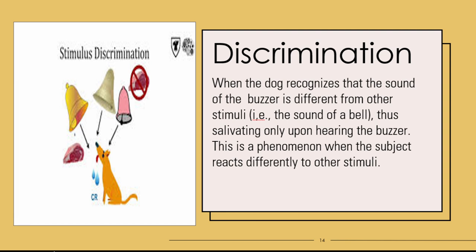This phenomenon is called discrimination in classical conditioning. So this is an example of discrimination in classical conditioning where the dog learns to differentiate between the buzzer and other stimuli, responding only to the specific stimulus associated with the unconditioned stimulus.